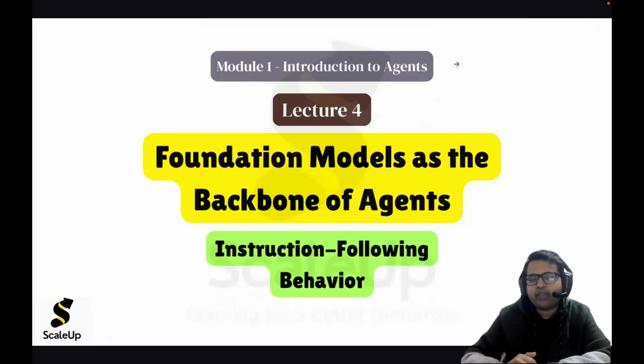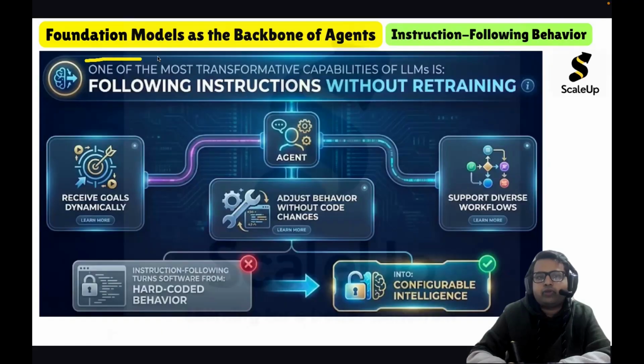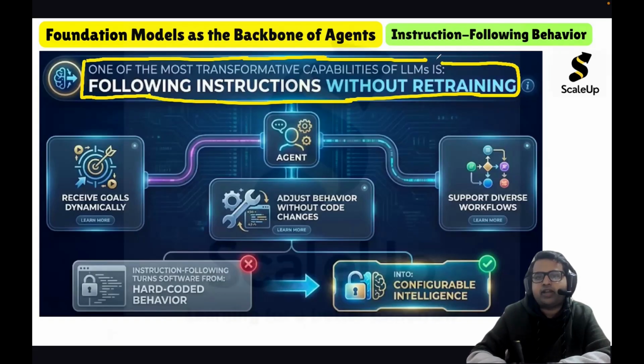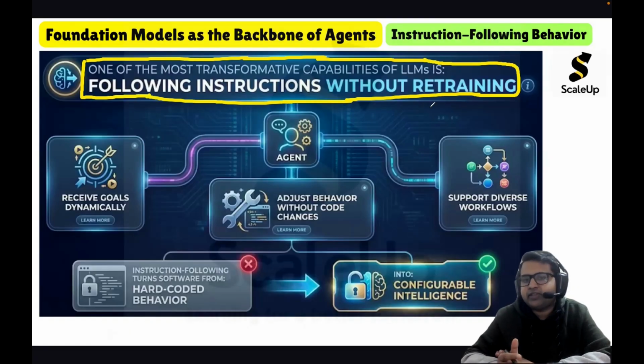Instruction following behavior. One of the most transformative capabilities of LLMs is following instructions without retraining. We already saw that foundation models like the large language model, we just have to train it once and it is like a general purpose intelligence we can make use of.